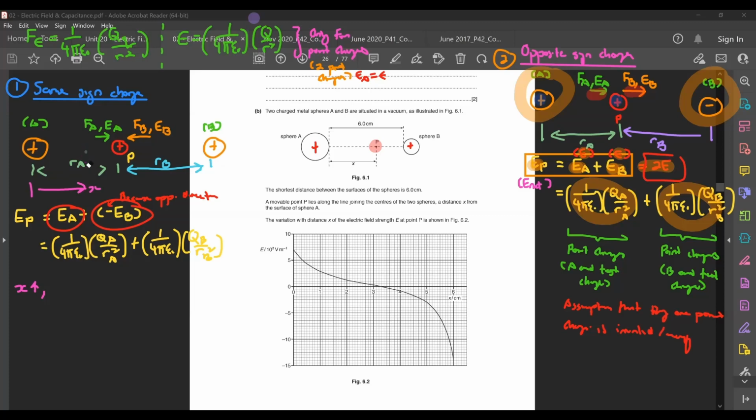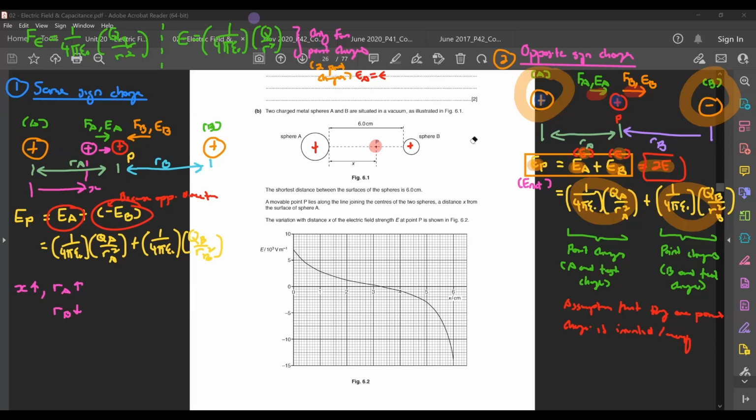So if your X is increasing, wouldn't this tell you that RA is increasing and RB is decreasing? Because you're basically shifting your positive test charge from here to here. So your RA obviously would increase, whereas your RB would be decreasing. So what does this do to your field strength?